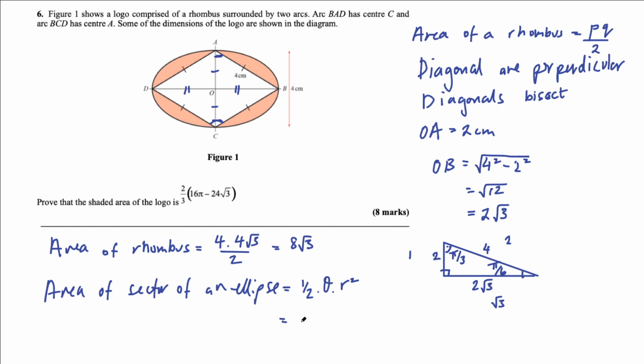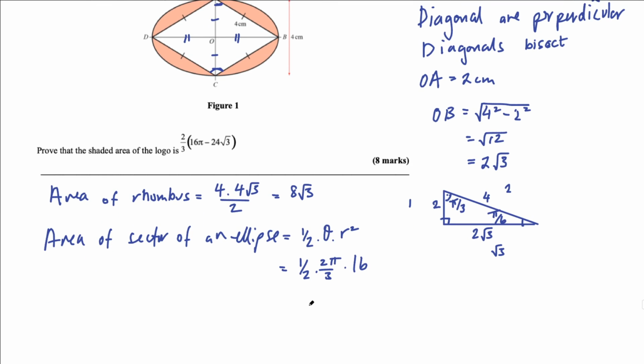So that means that entire angle would be 2 times pi on 3, or 2 pi on 3. Then plugging those in, we've got half multiplied by this angle in here, 2 pi on 3, multiplied by those two line segments, so 4 squared, which is 16. Let's simplify this now. Those 2's would cancel. We would end up with 16 pi on 3.